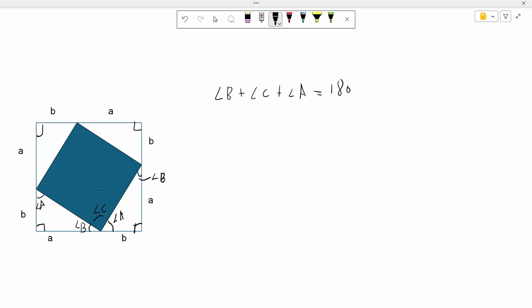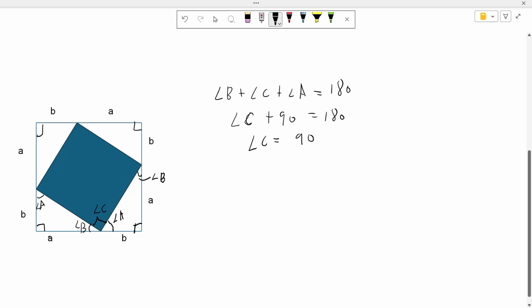So these two should be 90 degrees, A and B here. So I can do that and find that angle C should be equal to 90 degrees. So this angle is in fact a 90-degree angle.